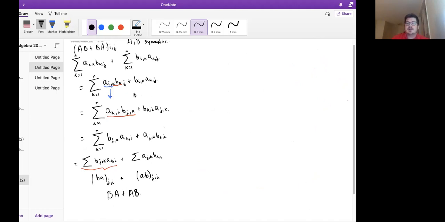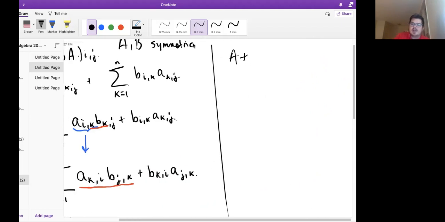So in number 10, I'll just give you hints: A plus B, A squared, and this one, these are symmetric. And then you can find counterexamples for the rest.